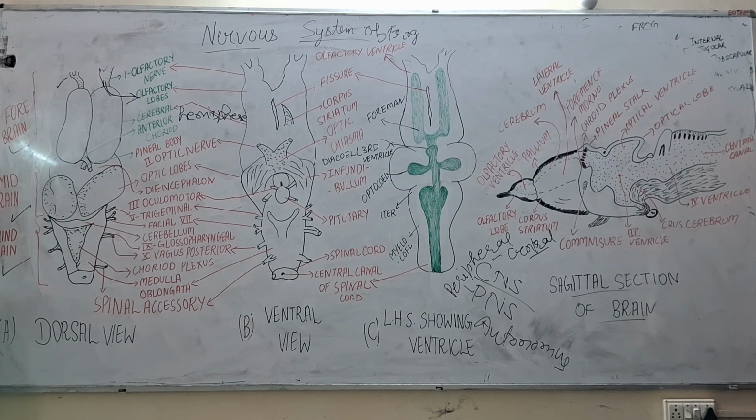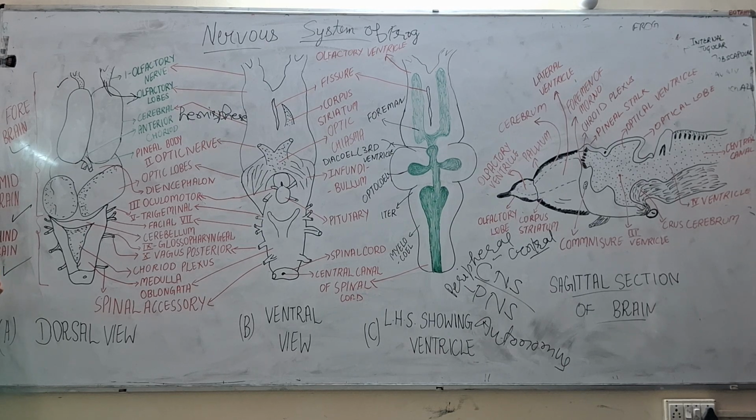Pallium is the seat of intelligence. How much brain there is, how thick it is, all that depends on the thickness of the pallium. Then the floor is called the corpora striata.